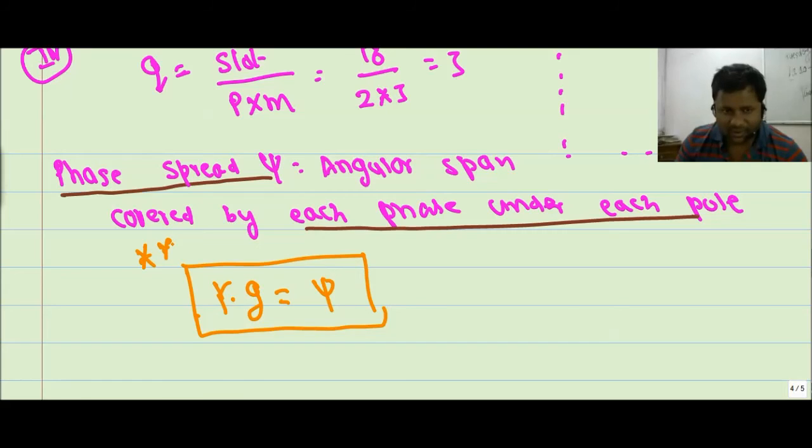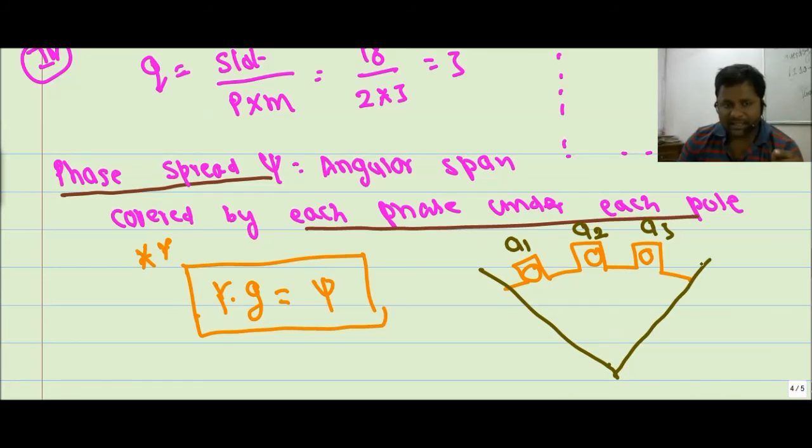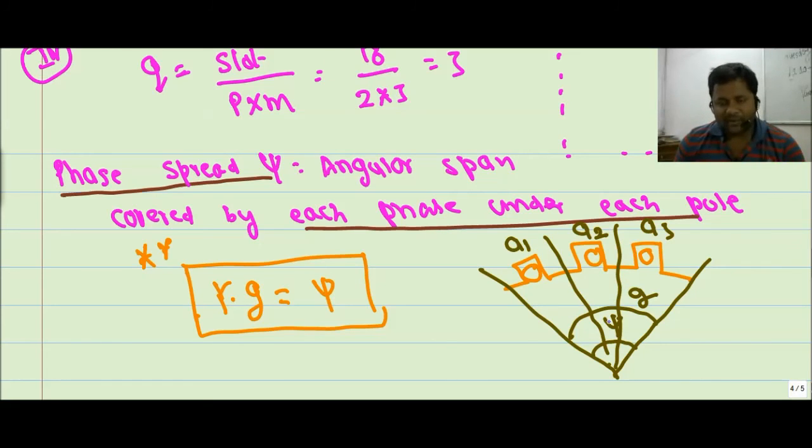Gamma multiplied by this. That means this is phase A in this fashion: these are conductors A1, A2, A3. This is our center distance, and this is xi. If we divide in this fashion, this is gamma.